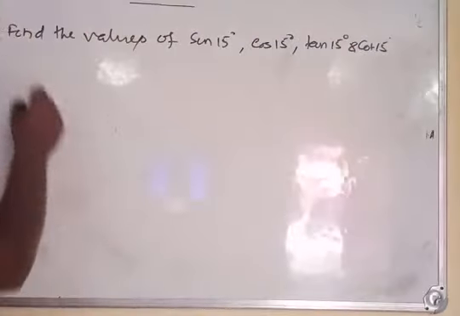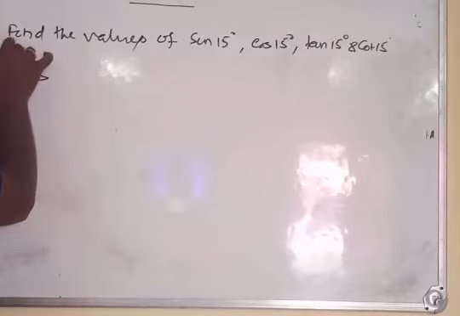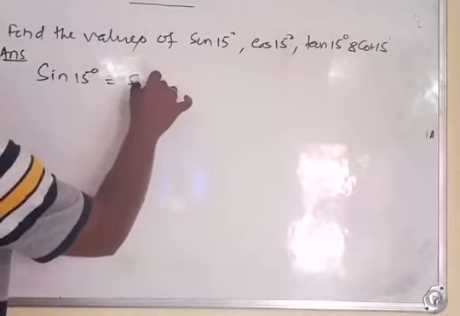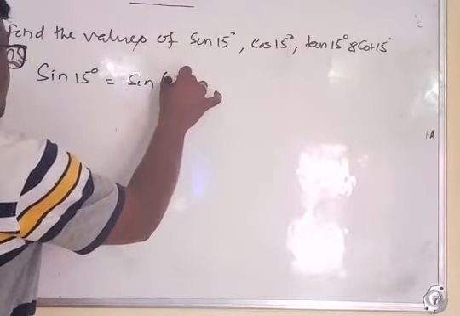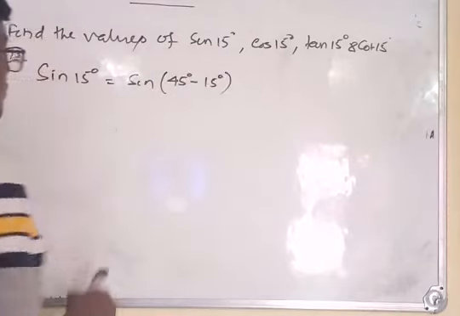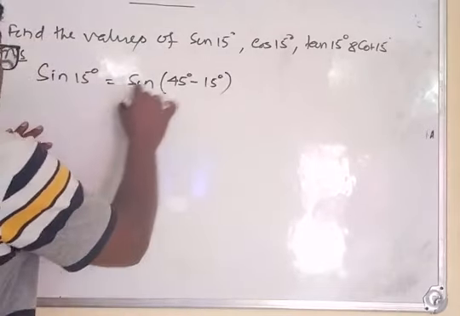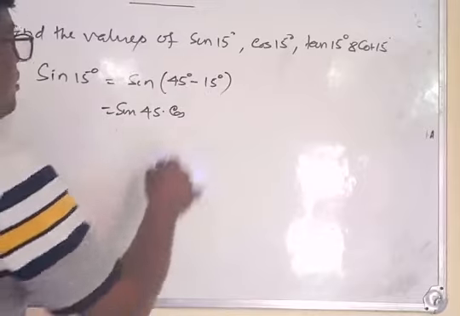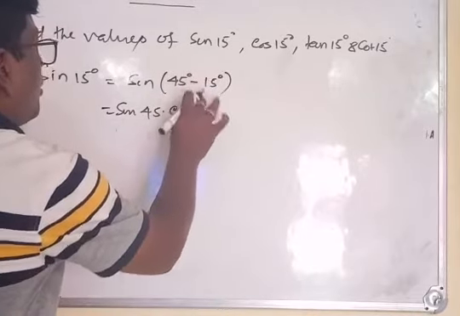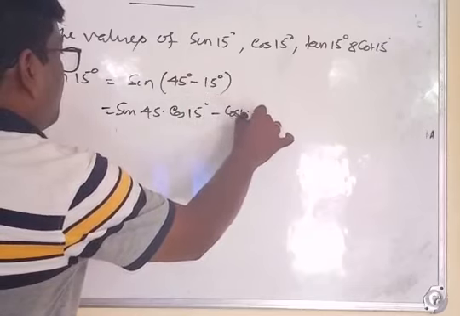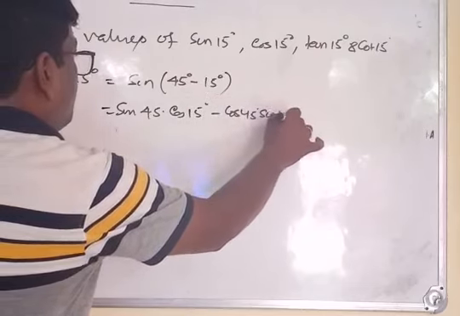Now first sin 15 degree. We can write sin 15 as sin of 45 degree minus 15 degree... so this is sin a minus b. This is equal to sin 45 into cos 15 minus cos 45 degree into sin 15.